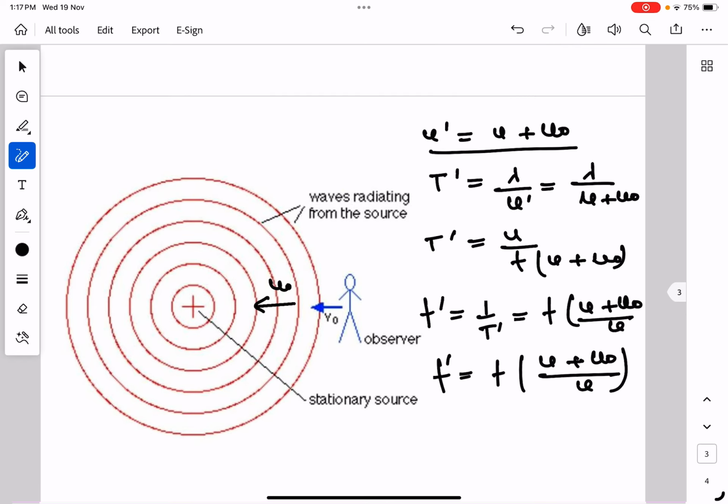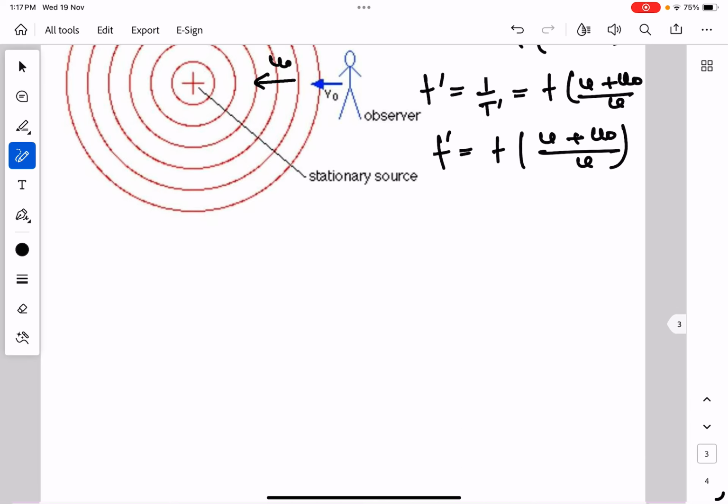Now let us take up the fourth case when observer is moving away from the stationary source. In this case, velocity of sound with respect to observer is going to get decreased. This will now be equal to v minus v naught.